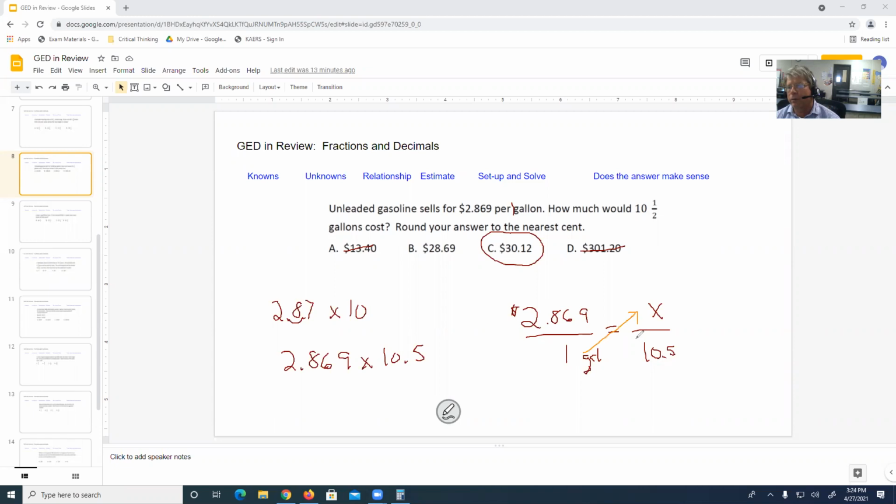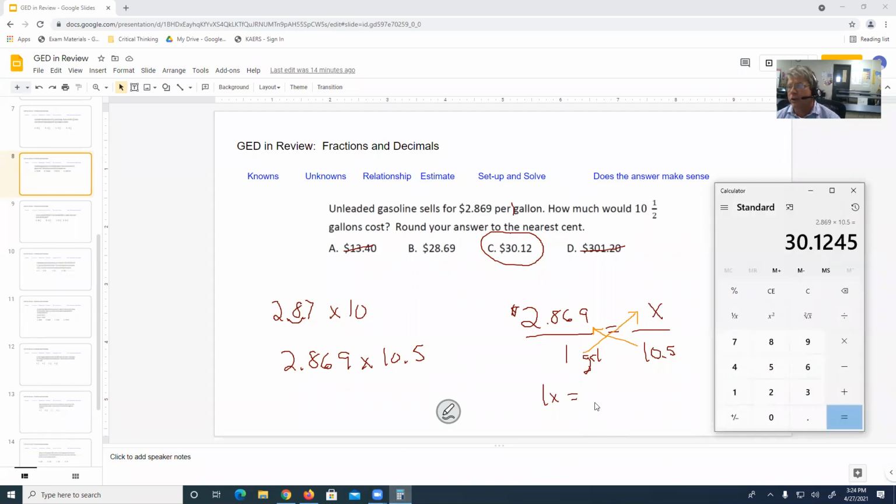So 1 times something must be the same thing as 10.5 times 2.869. So if I do the math by using cross multiplication, we have 1 times x, and then 10.5 times 2.869. I wonder if that's still on my calculator.